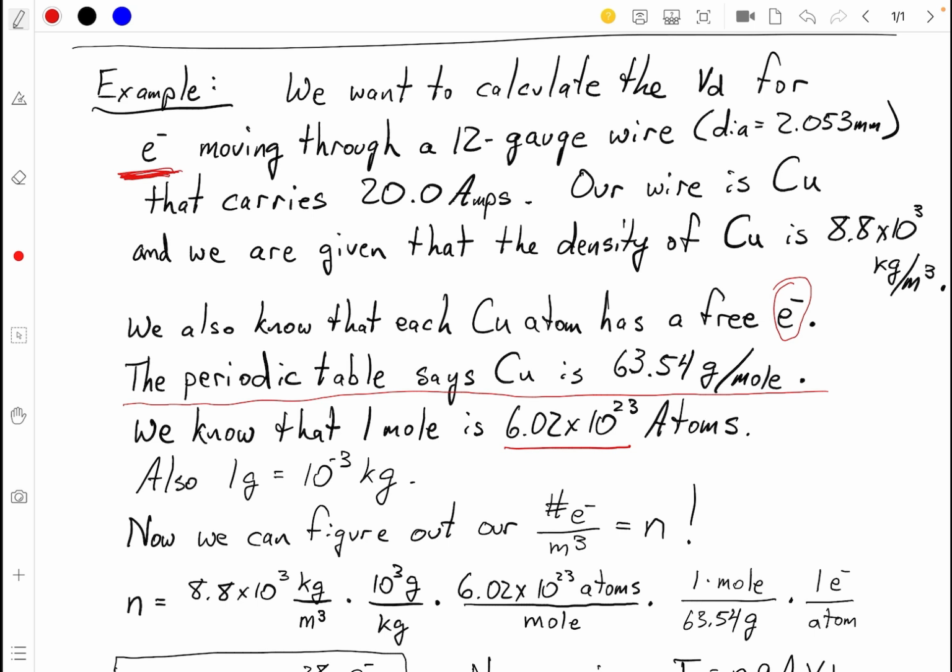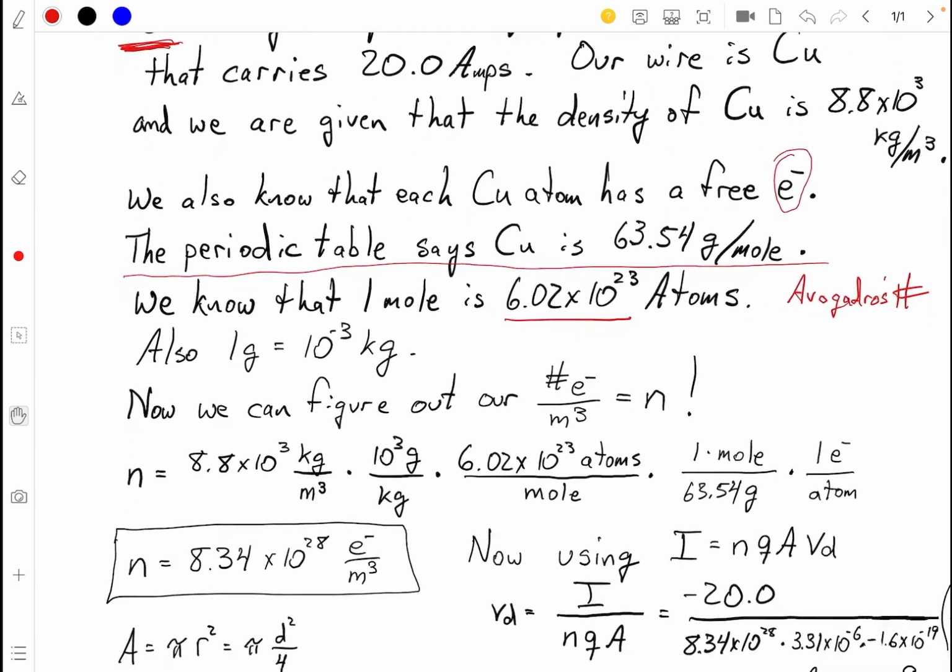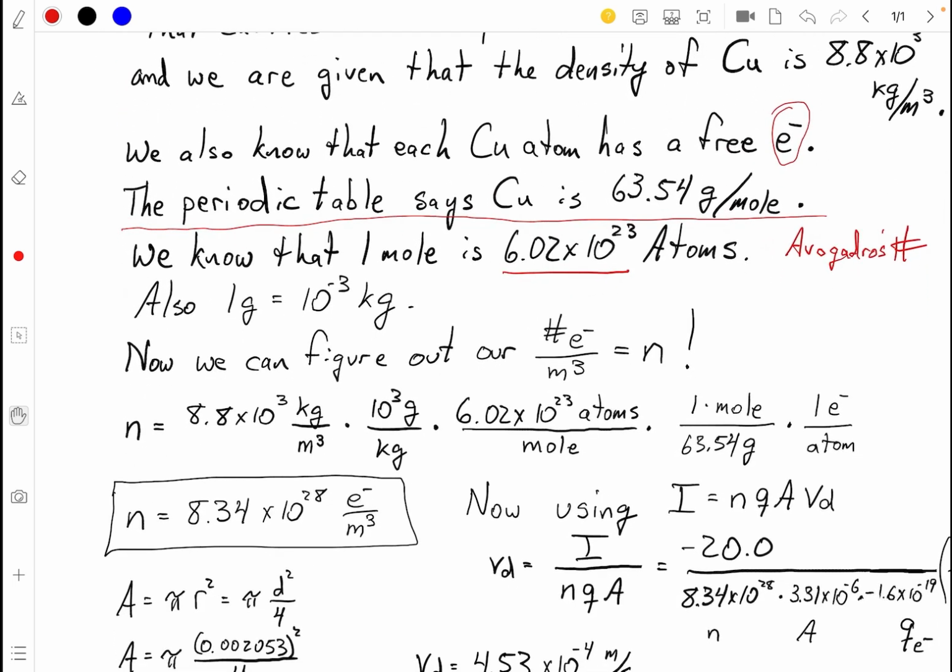It's 6.02 times 10 to the 23, Avogadro's number. So 1 gram equals 10 to the minus 3 kilograms. We know that. All these things are going to go through and figure out how many electrons per meter cubed we've got.